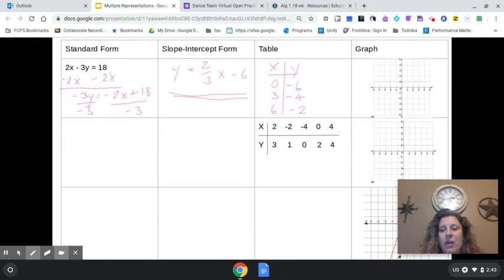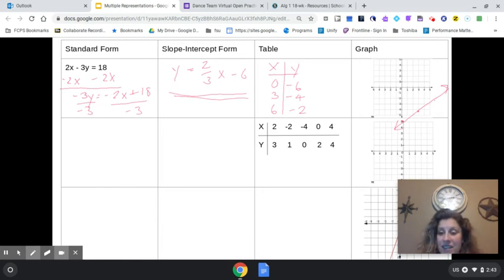So I'm just going to mark a point lower on the graph than that negative 5, and I'm going to go up 2 and right 3 and mark a dot. Again, up 2 and right 3, and again, I'm off the graph there. So my line would look like that.